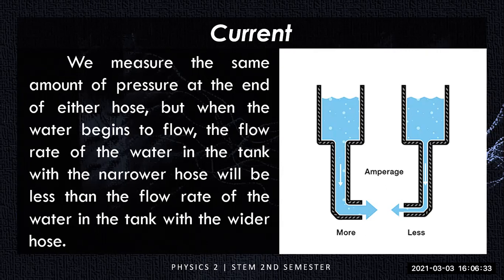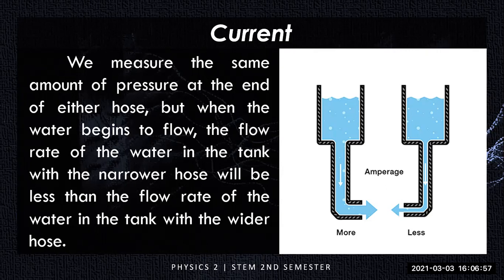When the water begins to flow, the flow rate of the water in the tank with the narrower hose will be less than the flow rate of the water in the wider hose. So that means the thinner the passage in the pipe, the slower the water goes.